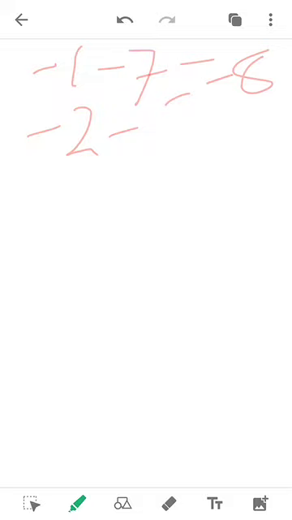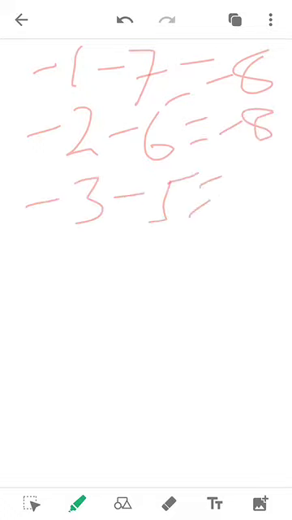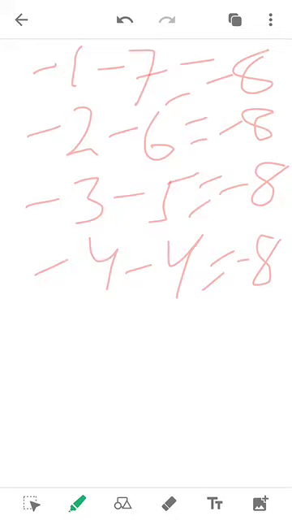Minus 2 minus 6 is equal to minus 8. Minus 3 minus 5 is equal to minus 8. Minus 4 minus 4 is equal to minus 8. 0 minus 8 is equal to minus 8.